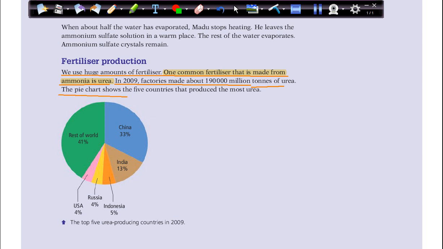The pie chart shows the 5 countries that produced the most urea. So 190 million tons of urea, this is a lot. But let's see which country produced the most urea.